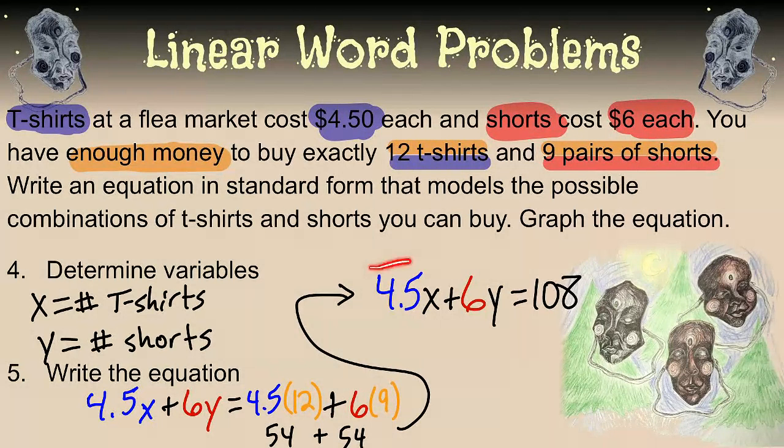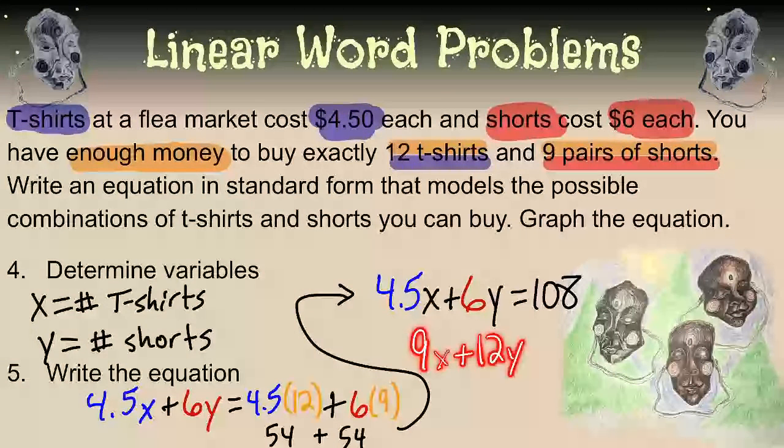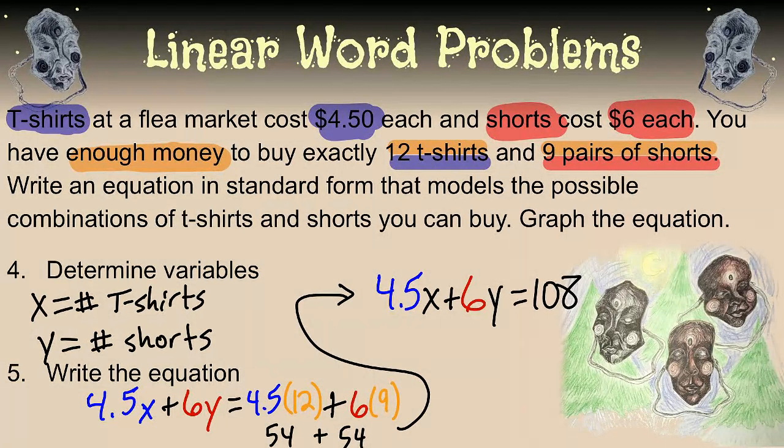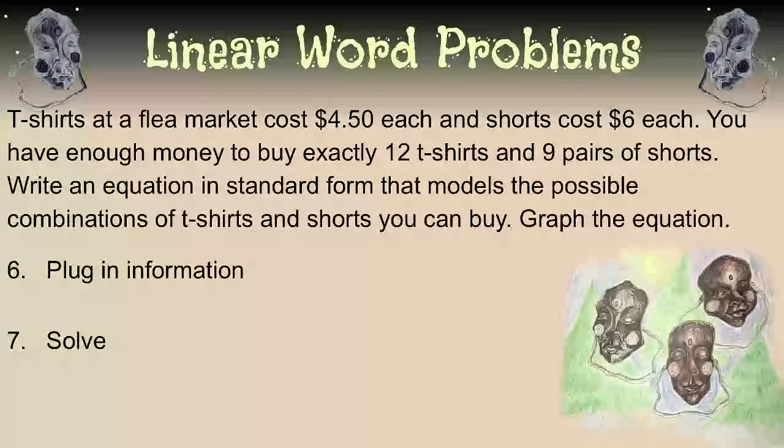Now, this is not an integer, and like I said before, I'm going to be okay with that. We could multiply everything by 2 and get 9x plus 12y equals 216, but I'm not going to make you guys do that. All right, so there's our equation.